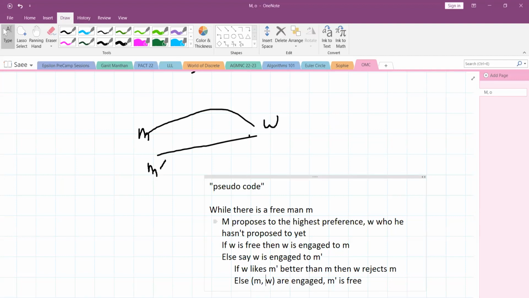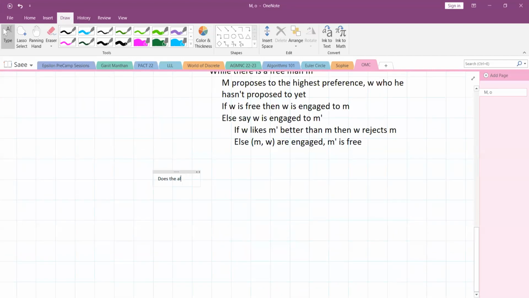Can that happen? Yeah, I hope the algorithm is clear. So the question that we'll try to answer now is, does the algorithm terminate? Probably the answer is the same as whether a stable matching exists in every instance or not.